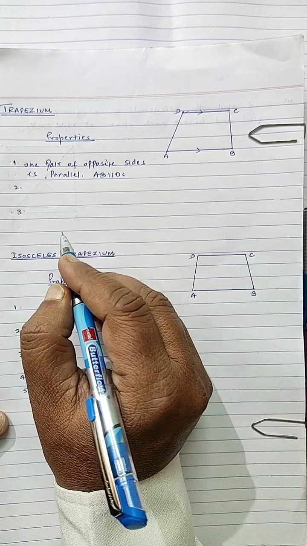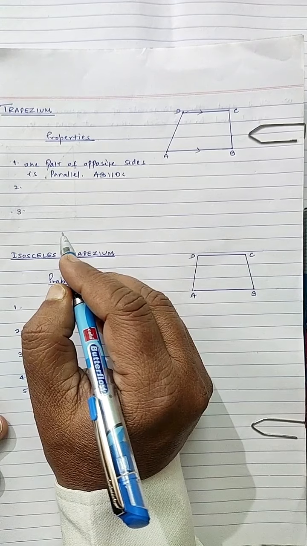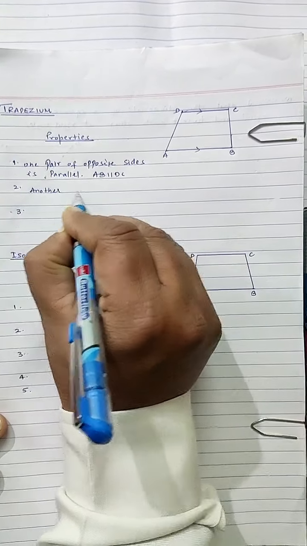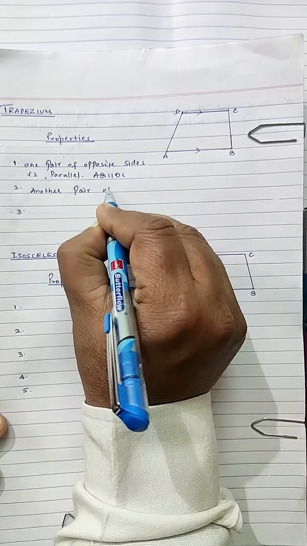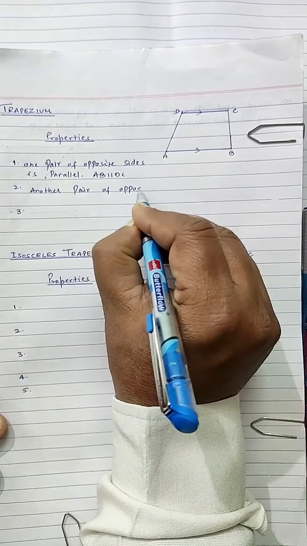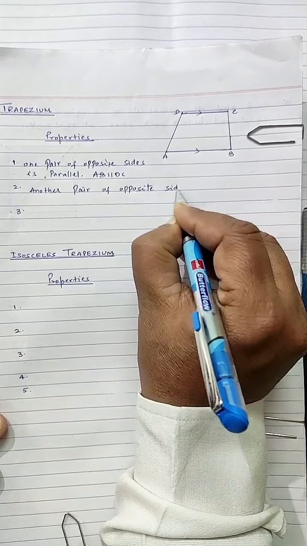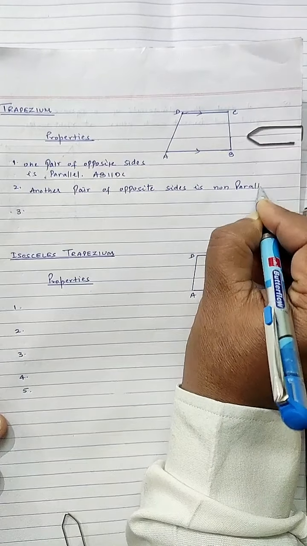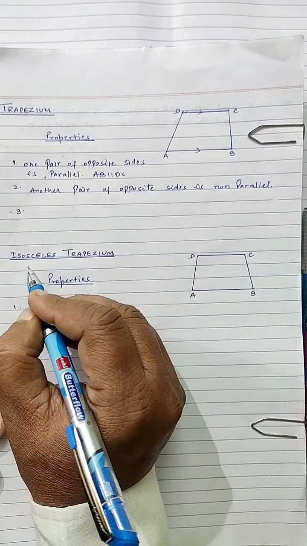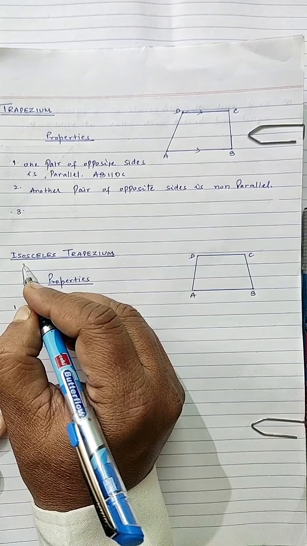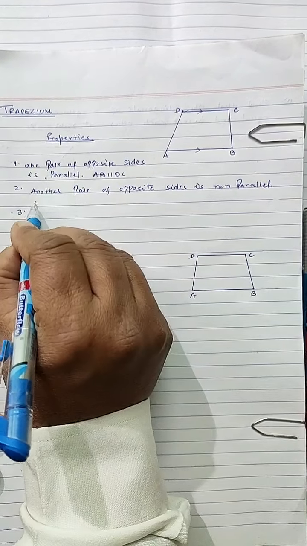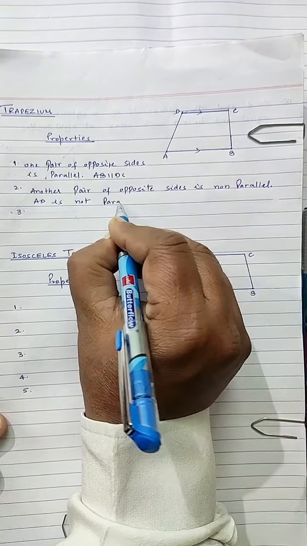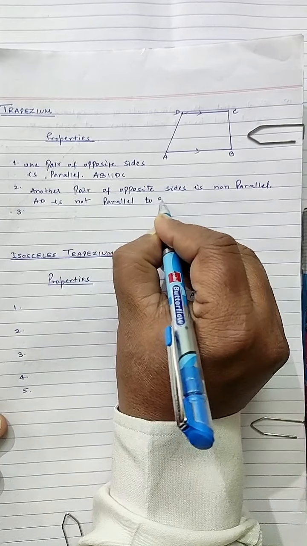Then next property, another pair of opposite sides is non-parallel. That is AD is not parallel to BC.